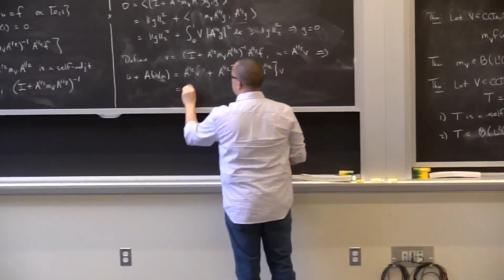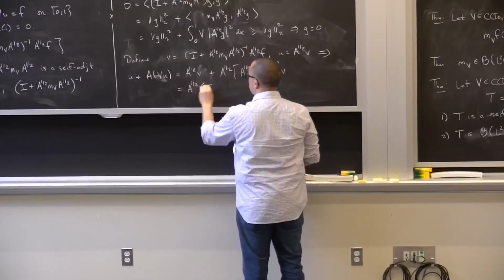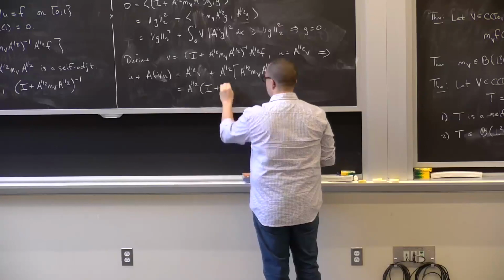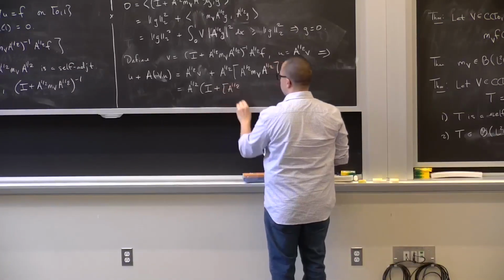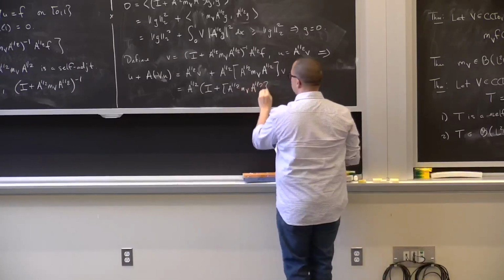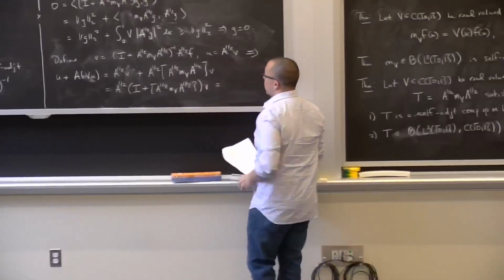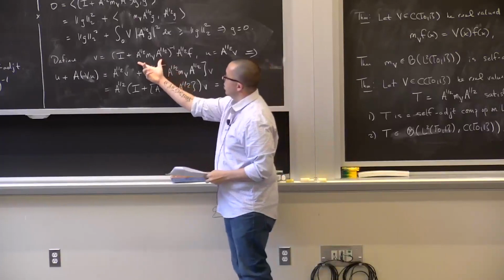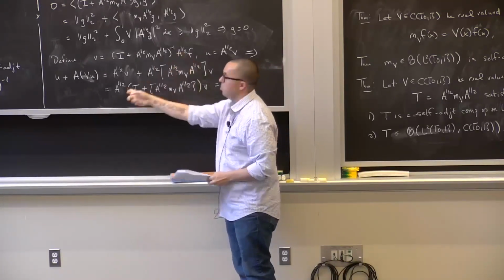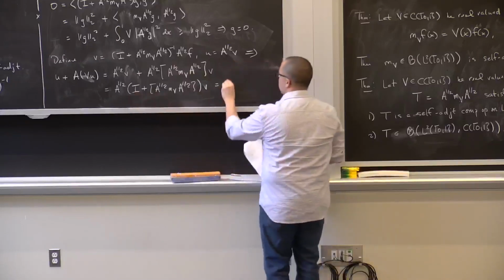So I get a to the 1/2 times I plus a to the 1/2 b a to the 1/2 applied to v. And now v is given by this thing, so when it hits that, I just get back a to the 1/2 f. You get a.